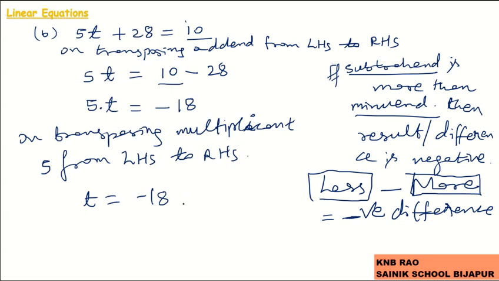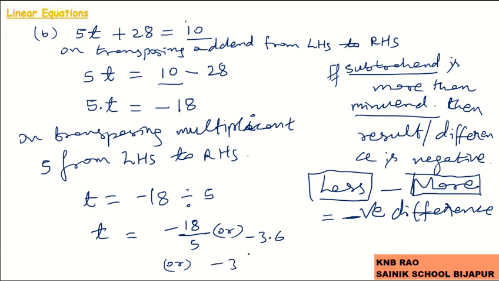Now here the multiplicand, if it comes this side, does division. Therefore t is minus 18 upon 5, or you can write minus 3.6, or you can write minus 3 integer 3 by 5. Anywhere the right answer is that. So t equals minus 18 by 5 is the solution of this equation.